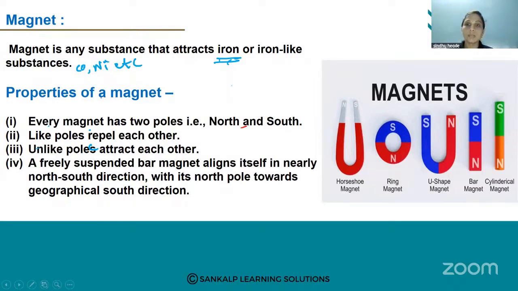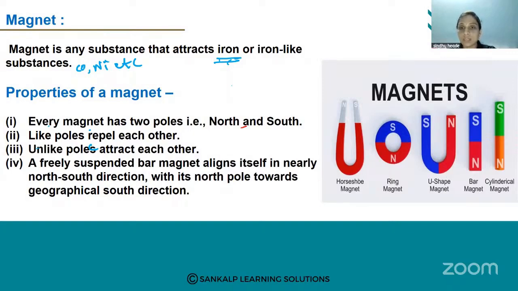That is called a magnet. Okay, students, how many types of magnets do you see? I'm not asking about all types of magnets, just remember some types. Just observe this diagram. Here I have shown pictures of different types of magnets.